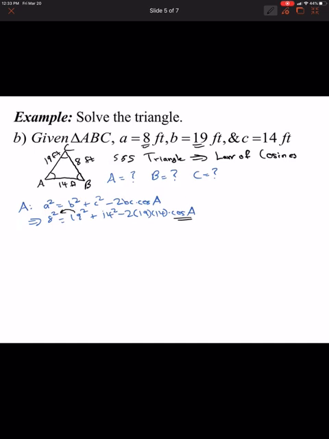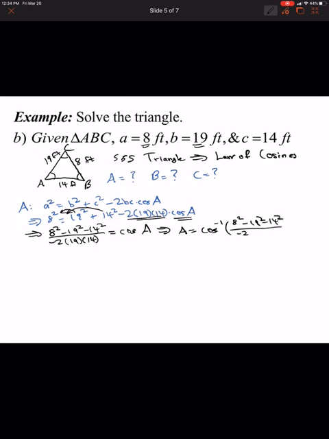So let's go ahead and subtract. I've got 8 squared minus 19 squared minus 14 squared, and then we'll divide out the coefficients, so it'll be negative 2 times 19 times 14, equal to the cosine of A. And then, of course, we can use the inverse to get A. A is equal to cosine inverse of this fraction, 8 squared minus 19 squared minus 14 squared, divided by negative 2 times 19 times 14.